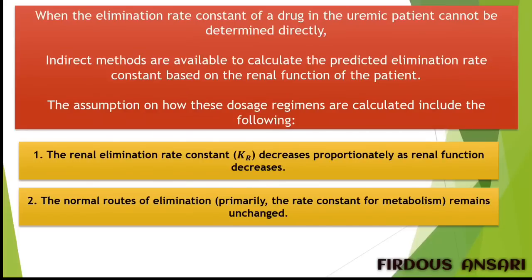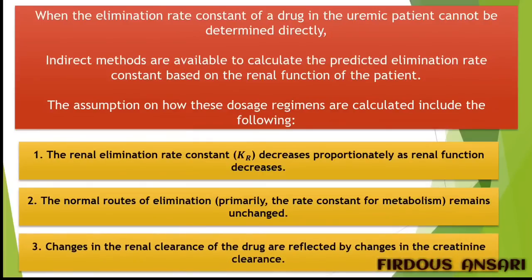This says that the non-renal elimination will go on at a normal pace. Next, changes in renal clearance of drug are reflected by changes in the creatinine clearance. So by calculating creatinine clearance we can calculate the renal clearance. By these three assumptions we can calculate the elimination rate constant in a uremic patient.